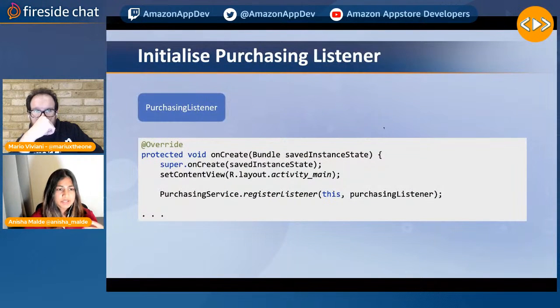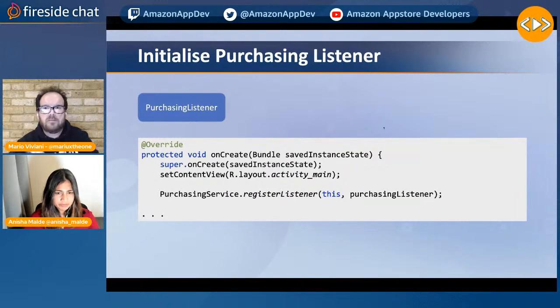Then the first step to actually setting things up within your app is to initialize the purchasing listener. You implement and register this purchasing listener in the onCreate method so that your app can listen for and process the callbacks triggered by the response receiver we just saw.